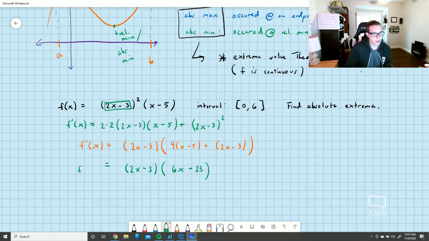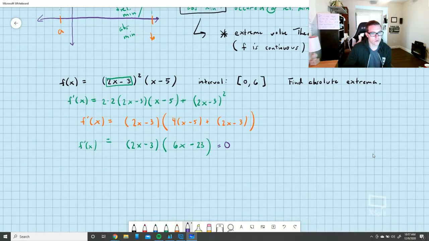So here's my derivative. Set it equal to 0 to find your critical points. By setting it equal to 0, I get the two critical points of 3/2 and 23 over 6. Now that I have the critical points, here's how it works.